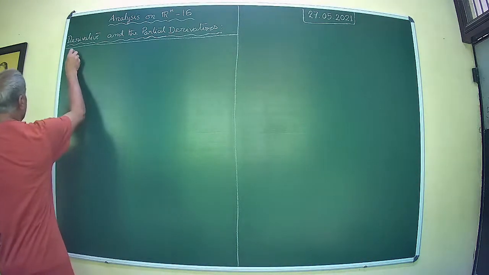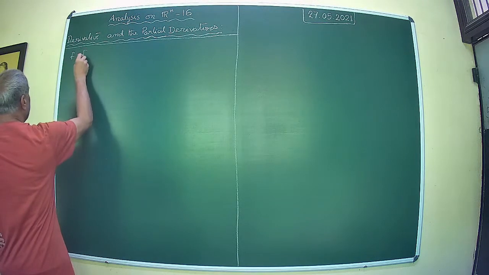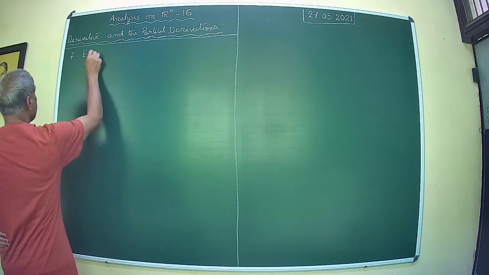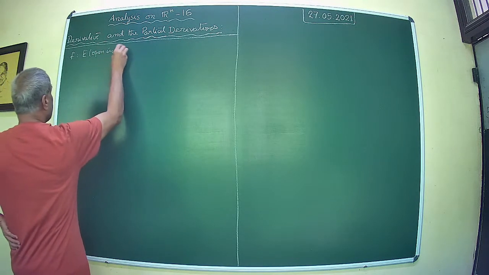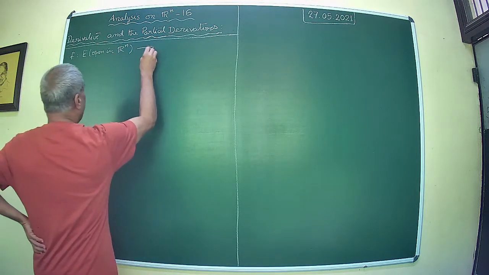So we have f from E, which is open, into Rn.